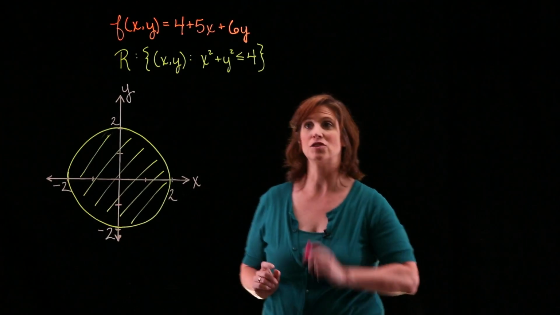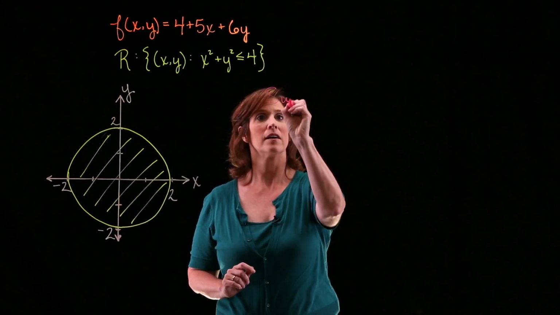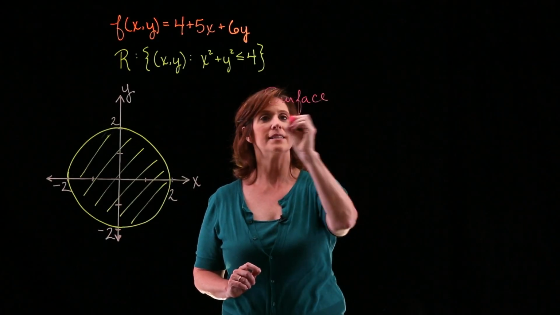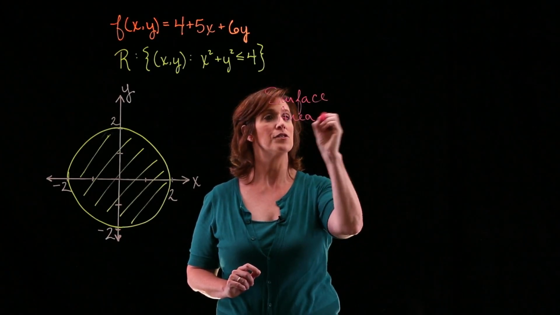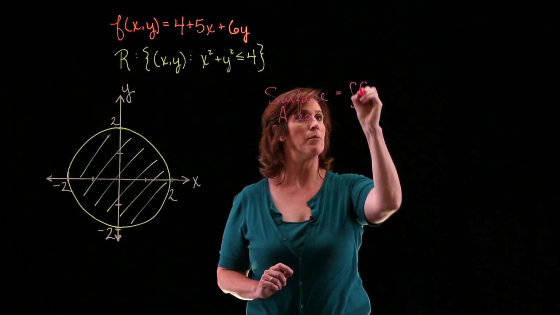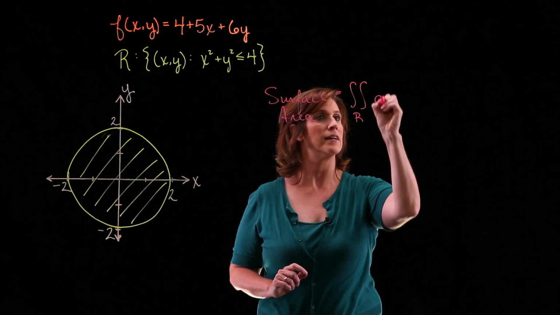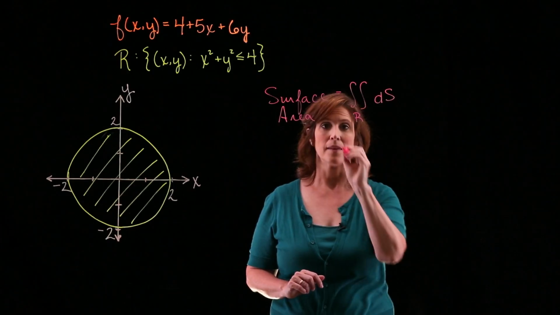So I know that I can find surface area by using a double integral. So the surface area is the double integral over a region ds.